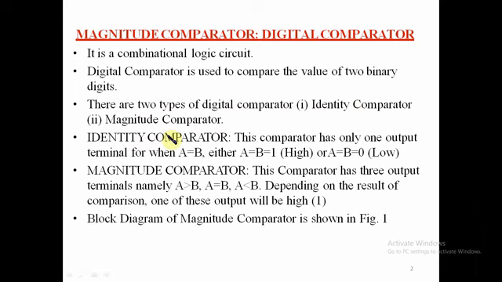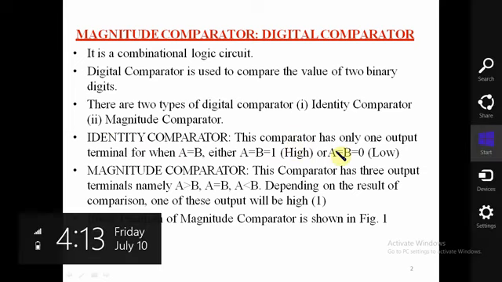Okay, we see the details here. An identity comparator has only one output terminal.